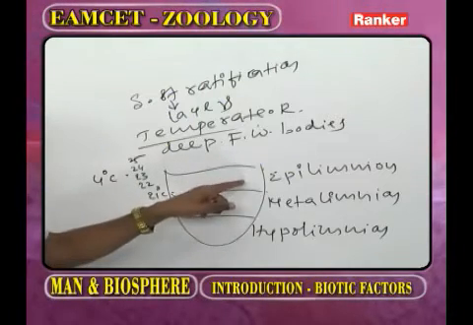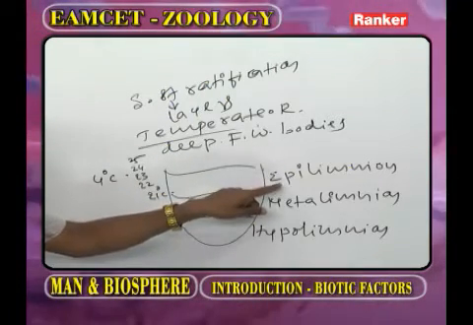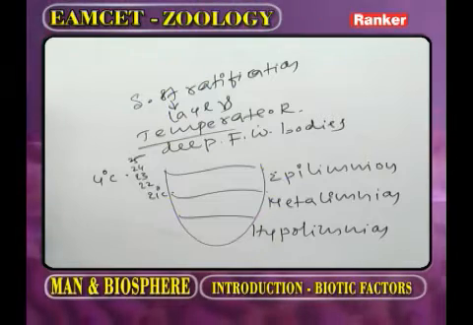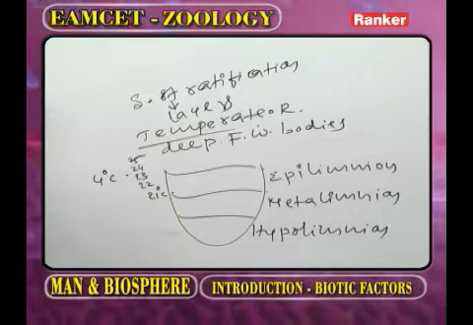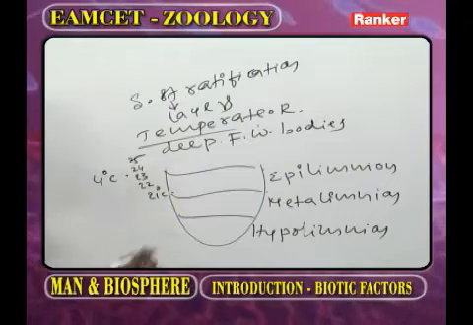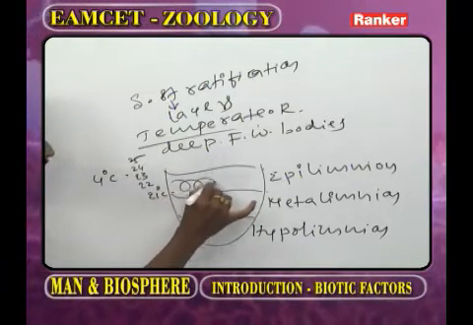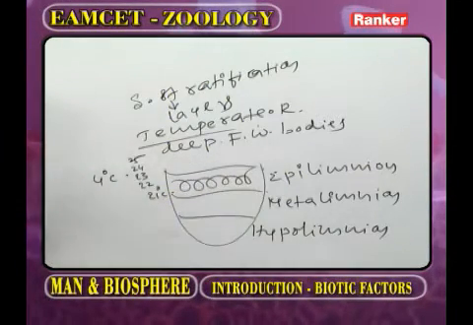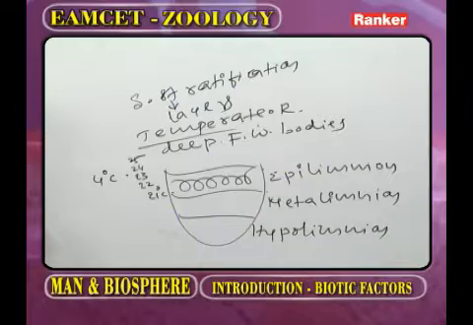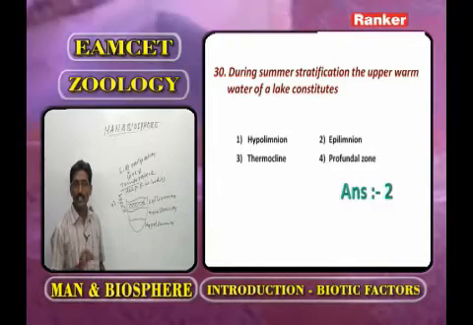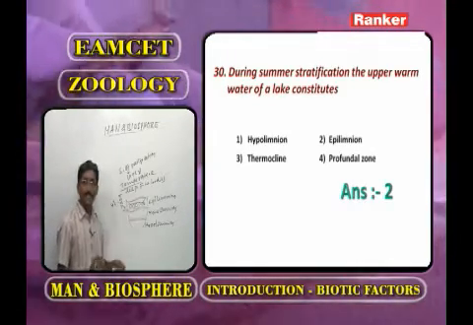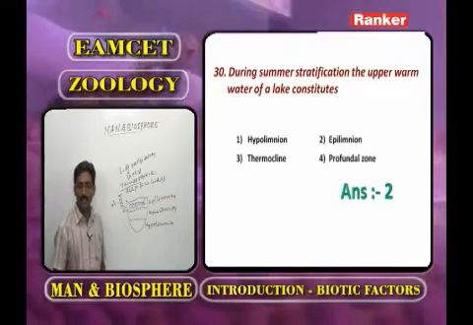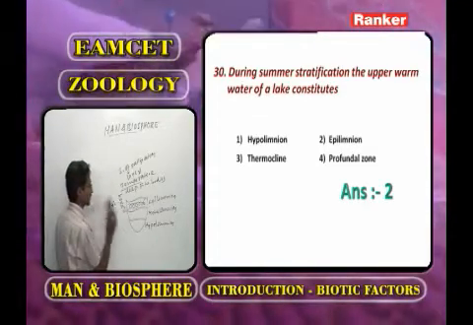In the summer season, only in the epilimnion the water is warm, oxygen is available, and the water circulates. Based on this information, during summer stratification, the upper warm water of a lake we call epilimnion. Now we go for the next question.